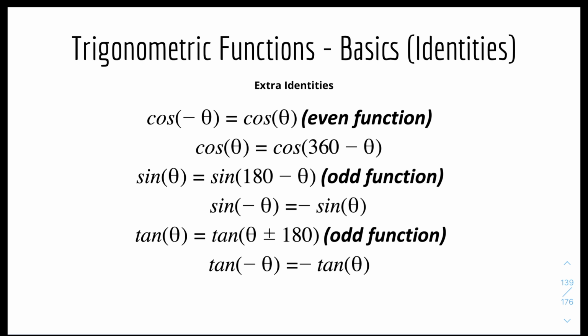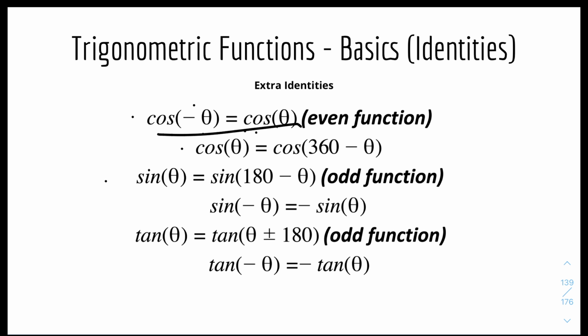Then we have some extra identities, the difference between even and odd functions. So only the cos function is even, meaning that cos(minus theta), where the minus is in the bracket, you can basically just ignore the minus because cos(minus theta) will be equal to cos theta, because it's an even function.